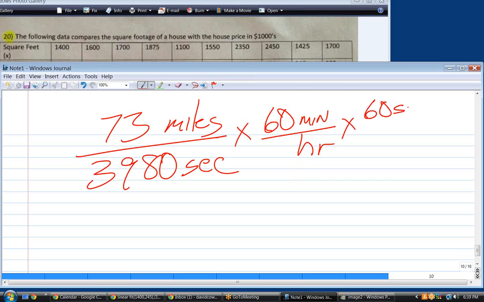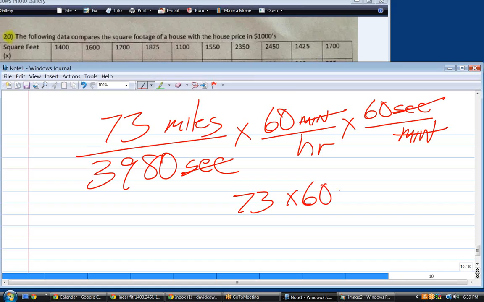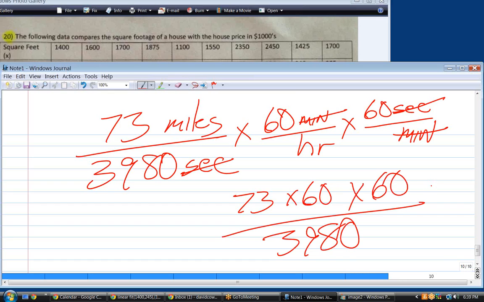How about 60 seconds per minute? And notice what this allows me to do. Cancel the minutes, cancel the seconds, and I'm left with miles per hour. So it'd be 73 times 60 times 60 all over 3980, and my units are going to be miles per hour.